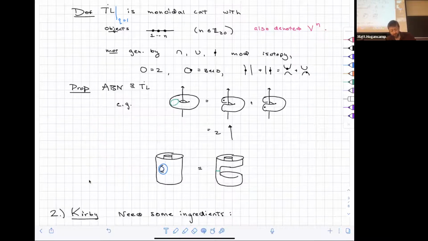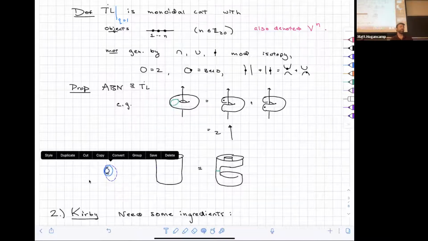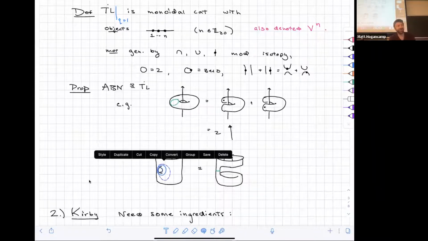So what you're supposed to think of is you take the identity cobordism, just a cylinder on two circles, and you do surgery: you fuse the two sheets together with a little handle. So you just connect two of them, right?